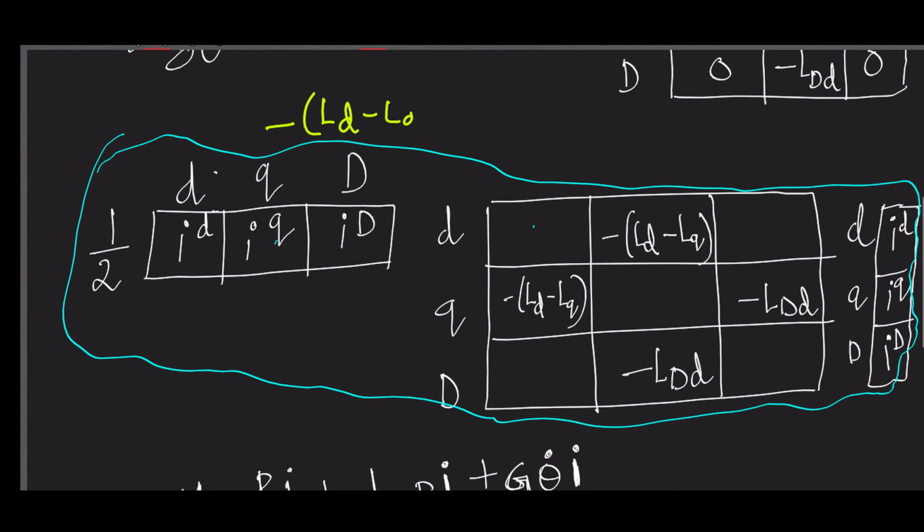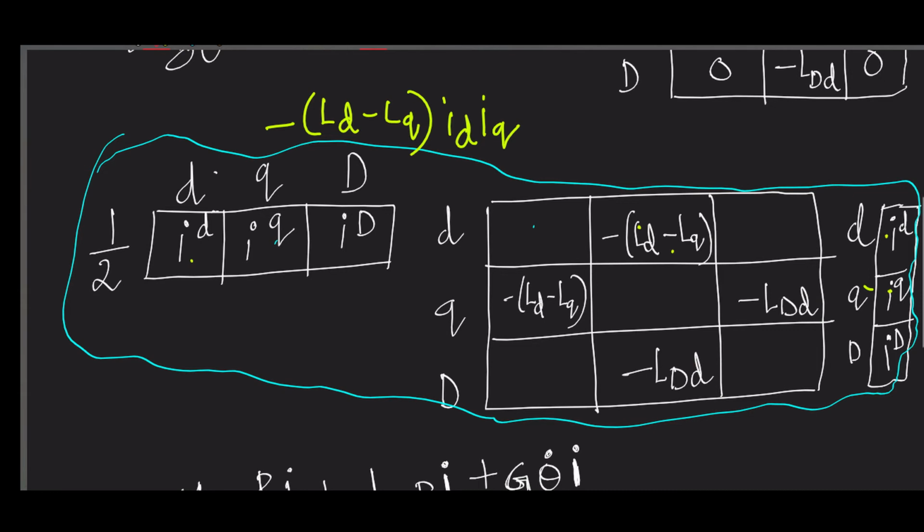Minus Ld, minus Lq, that is present here, so it should be multiplied by Iq, and here, sorry, Iq Id, right? So it will be accompanied by Id Iq, as these two are scalar currents, so they can be suitably interchanged as per requirement.